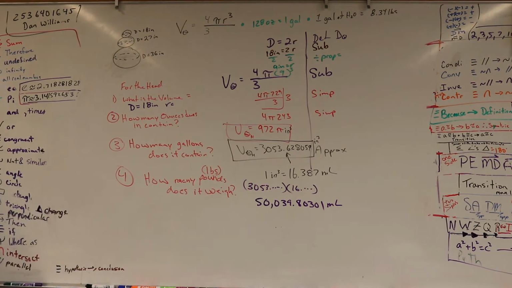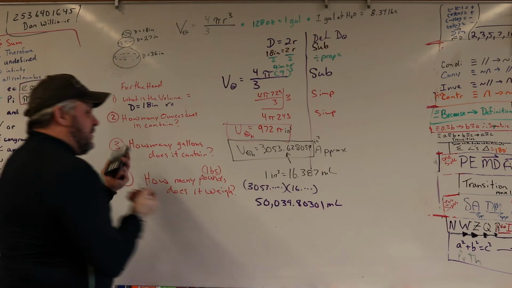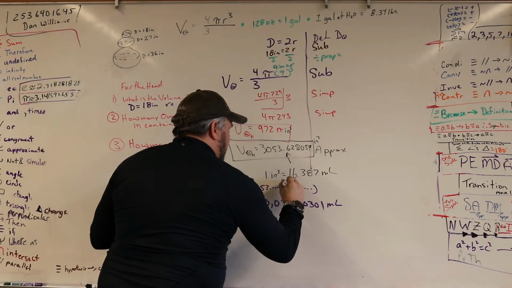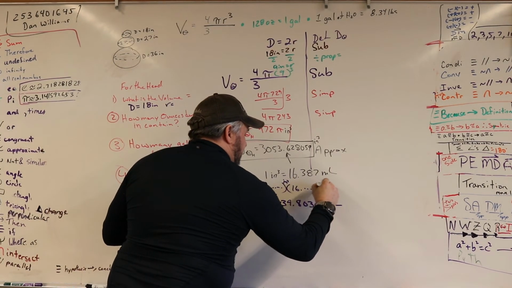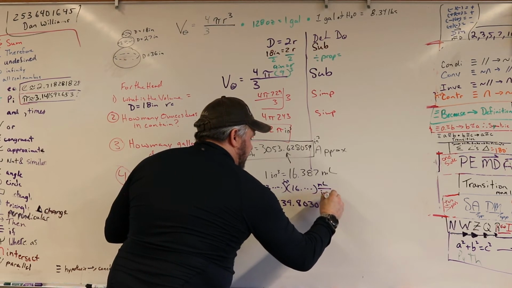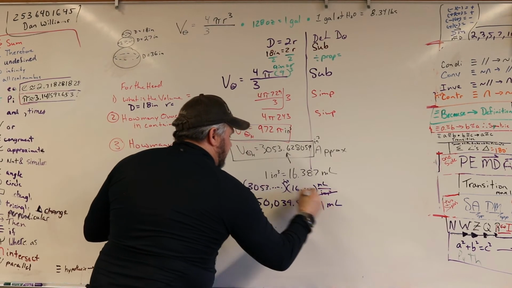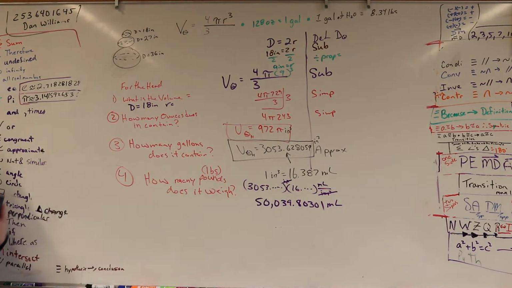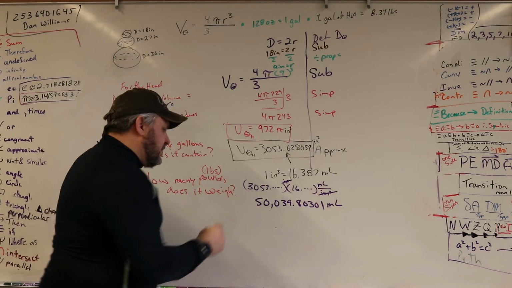Okay? So in essence, this is cubic inches, and this is milliliters per cubic inch. And that's why these are being canceled right there. And that's why what's left over is just your milliliters.